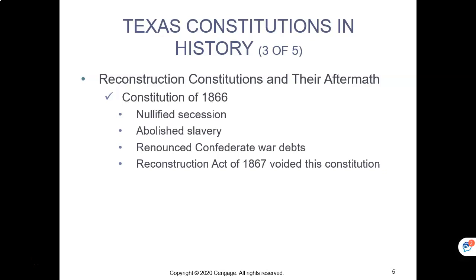So, here you have fought and lost a war. So you have literally lost bodies. You have lost the primary income source for many of at least the elites in the state.